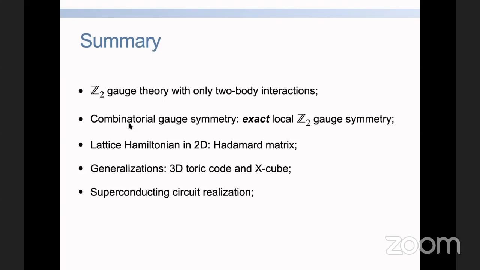Can I ask you something? Yes. You discussed all the abelian cases, and you say that you can also try to generalize to Zn. So do you think you would also be able to find all the other quantum double models of Kitaev, with a two-body Hamiltonian? Well, that would be the optimal scenario.